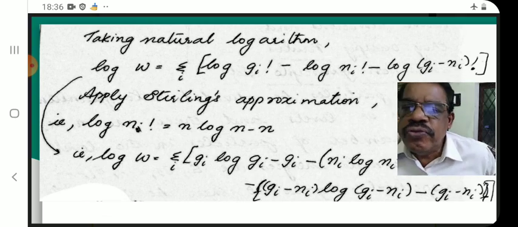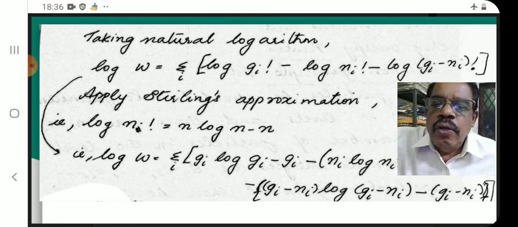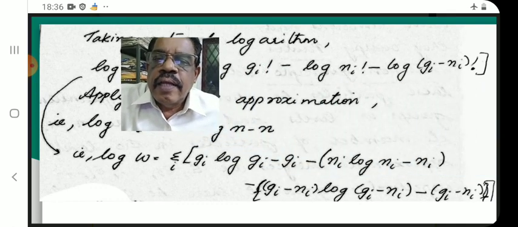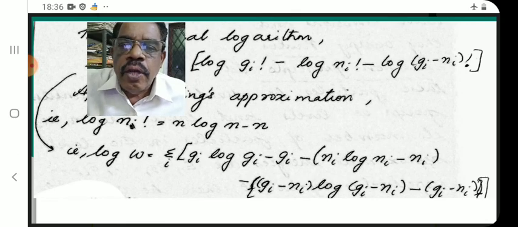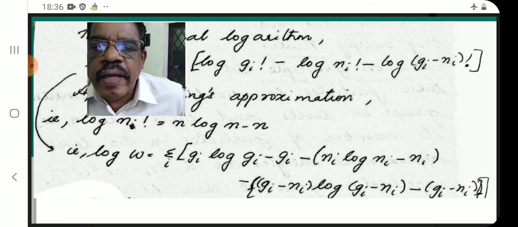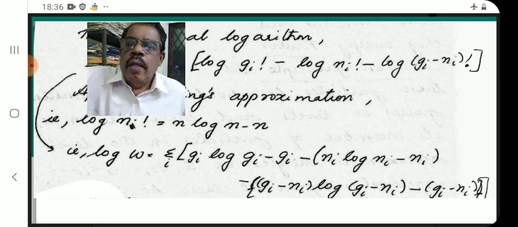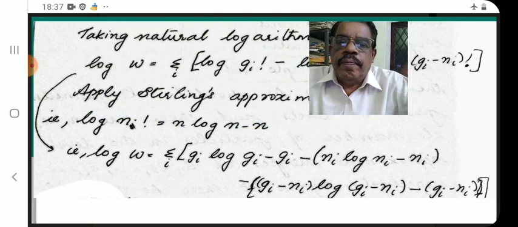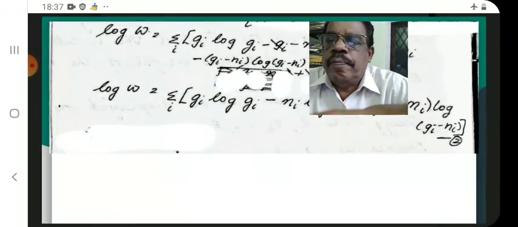We get log W is equal to sigma i inside a bracket: Gi log Gi minus Gi. Then the next terms are put in brackets: minus Ni log Ni minus Ni, minus (Gi minus Ni) log (Gi minus Ni) minus (Gi minus Ni). The bracket is closed. For all steps, we have applied Stirling's approximation.